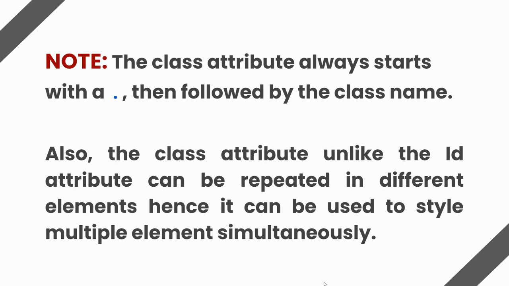So the class attributes can be used to style different kinds of tags inasmuch as they have the same class name. So if you have a paragraph tag, a heading tag, a link tag, and so on, inasmuch as the class attribute with the name that is to be used is assigned to that element, you can actually style those different elements together at the same time.